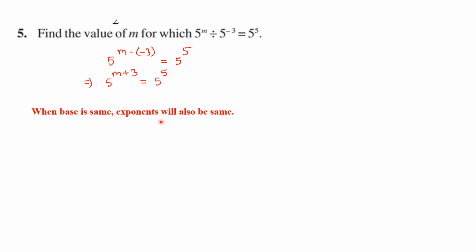So we can write, when base is same, exponents will also be same. So from here I can write m plus 3 will be equal to 5, because base is 5 here, 5 here. Base is same, their power will also be same. Now the value of m will be, transpose 3 to the other side. It will be 5 minus 3. So you'll get the value of m as 2. So the value of m is 2 here.